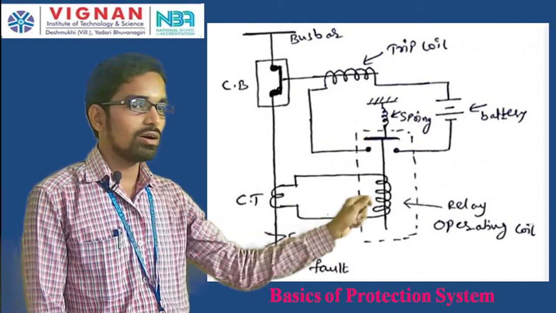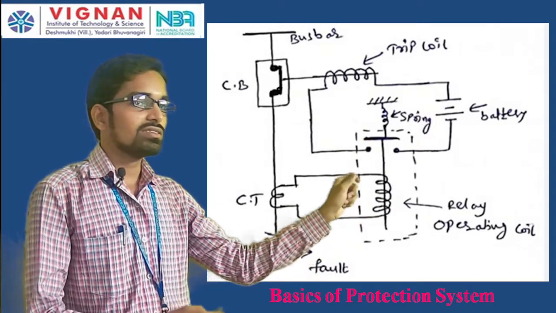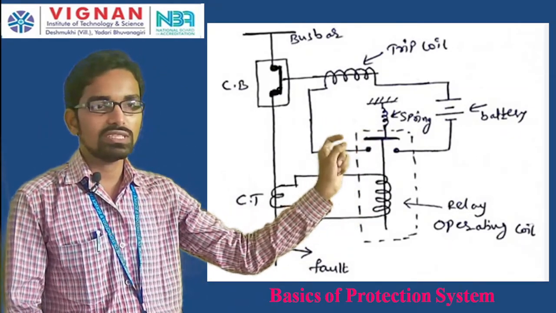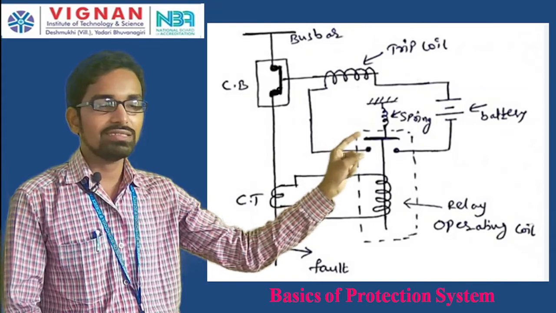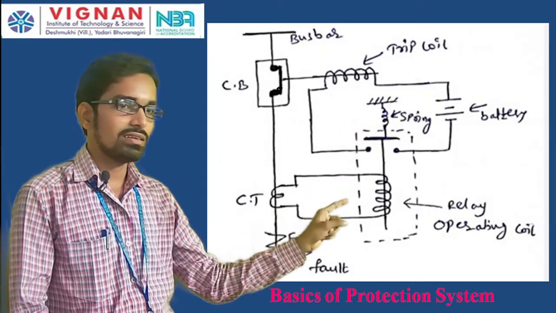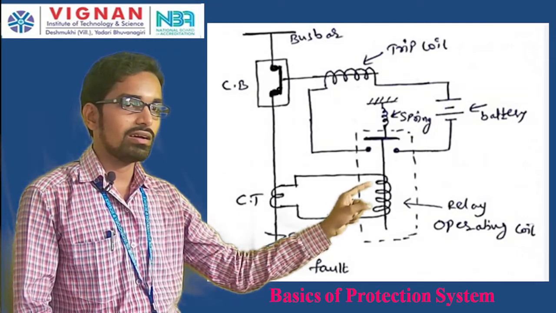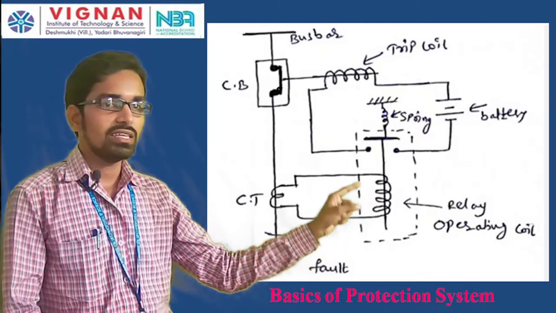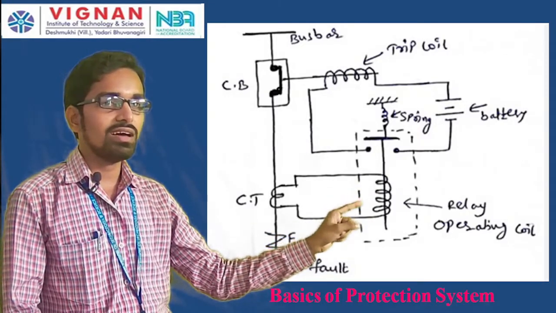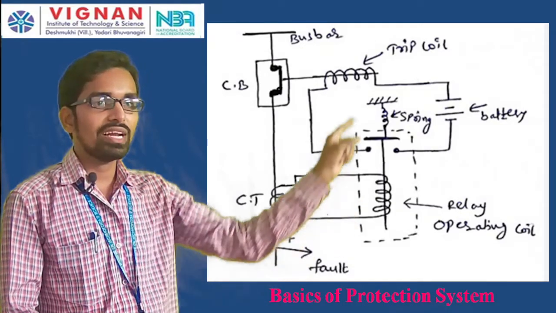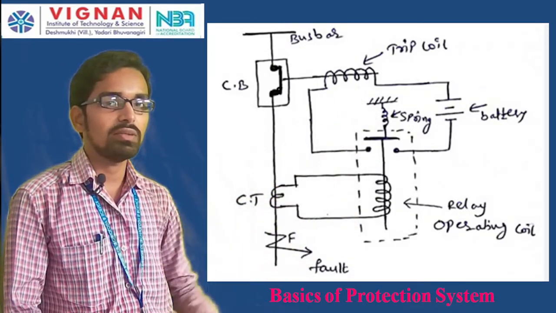This is the operating of the plunger. So, the operating force is more when compared to the spring force. That spring force we call the restraining force. The spring provides a restraining force, and the relay operating coil, which we call ROC, will provide the operating force. This operating force is more when compared to the restraining force provided by the spring.